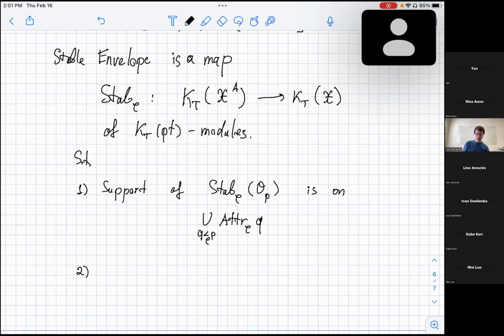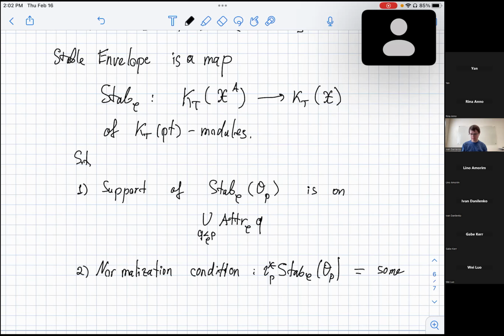Then second of all, we have some normalization condition, by setting that the stable envelope of a point, restricted back to this point, let me write restriction to the point by just pullback, is some explicit class.